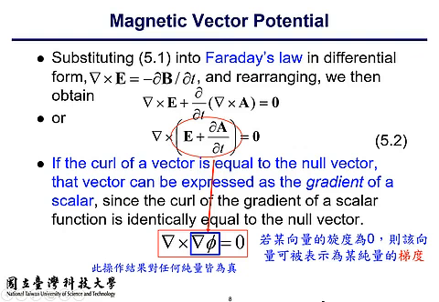However, the gradient operation can only be performed on a scalar. The gradient is a spatial operation on a scalar, and the gradient itself is a vector. You take the spatial gradient of a scalar, and the result is a vector. Only such a vector can be used for the curl operation. So if the curl of a vector equals 0, then the vector can be expressed as the gradient of a scalar. And this is true for any scalar.